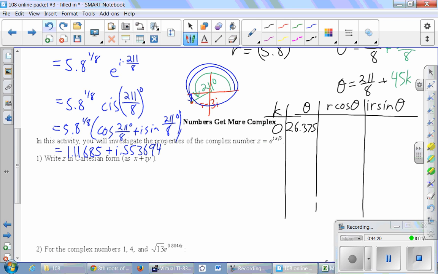That's when k is equal to 0. But we could have let k equal 1, which just means adding 45 to that previous answer. So I think that gives us 71.375. Is that right? Or we could have let k equal 2, which means adding another 45 degrees to that thing, so 116.375. Or you could let k equal anything you want. I'm going to go up to 7, will be the last one.